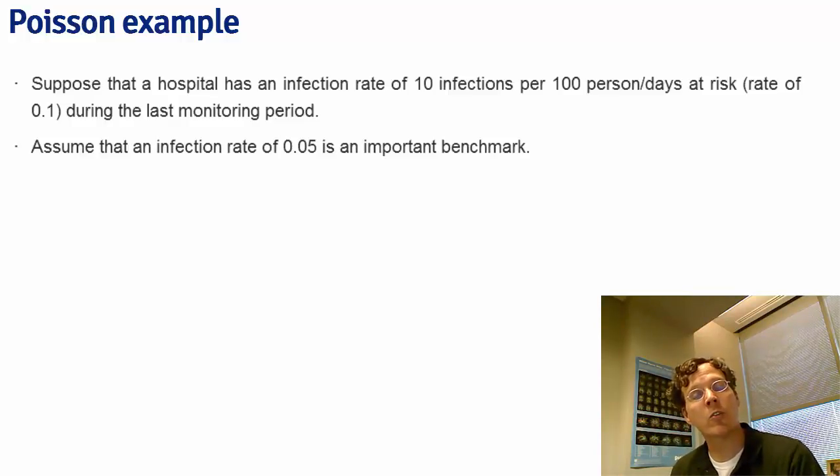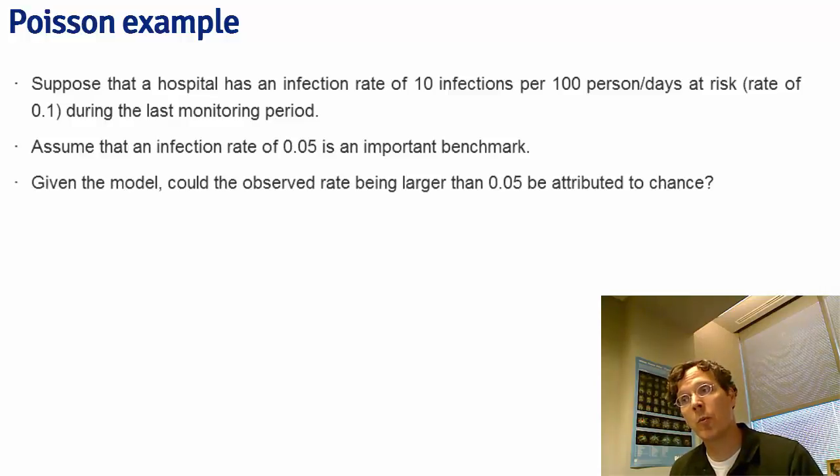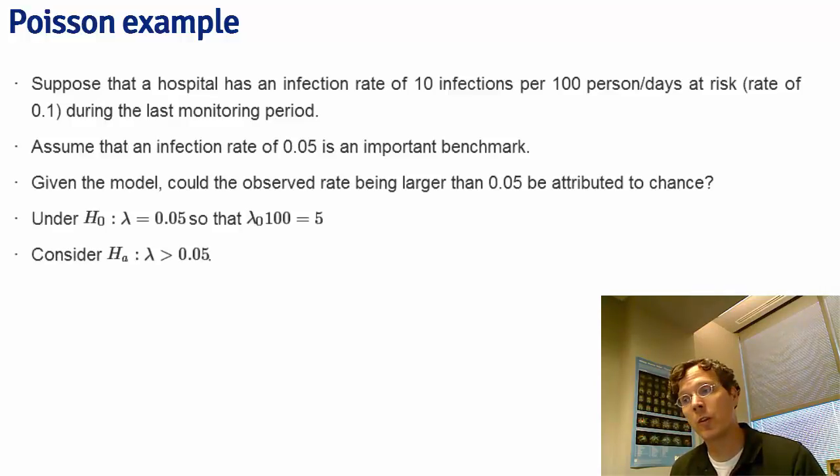And here we're going to assume that the count, the number of infections, is Poisson. Well, the null hypothesis then is that lambda is 0.05 versus the alternative that lambda is greater than 0.05.